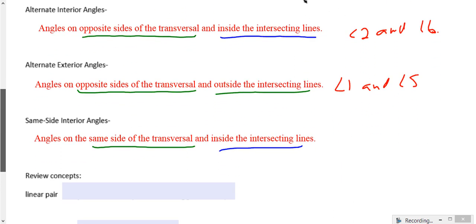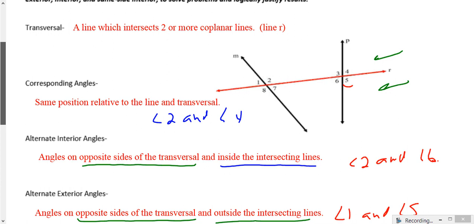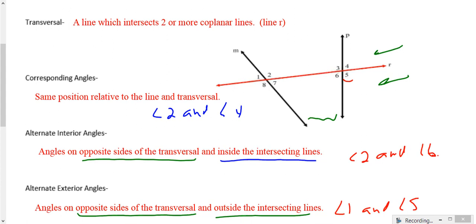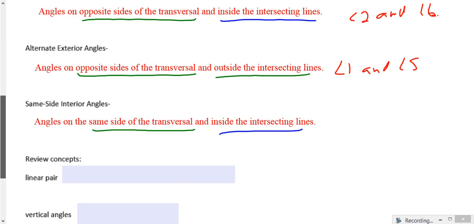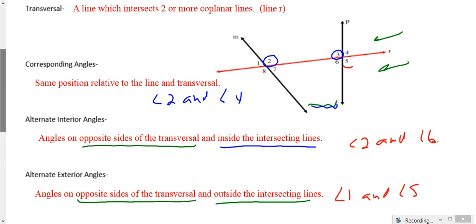And it's inside the intersecting lines, so it's in here somewhere. So same side would be, if I said angle 3, same side but interior would be angle 2. So angle 3 and 2. And we could also say angle 7 and 6.